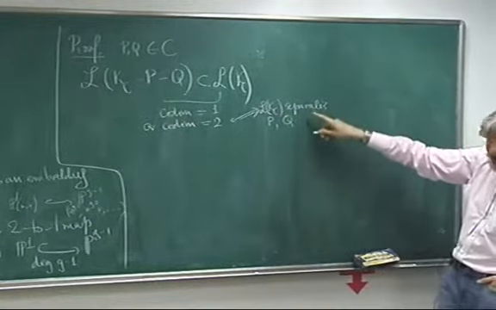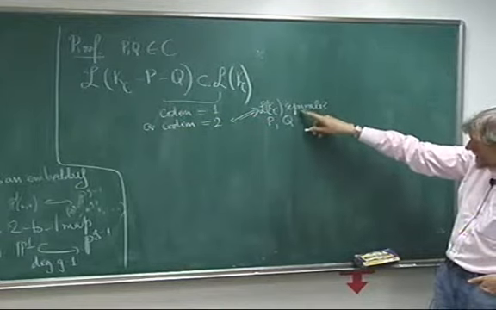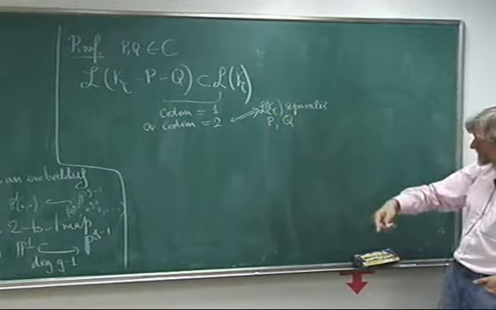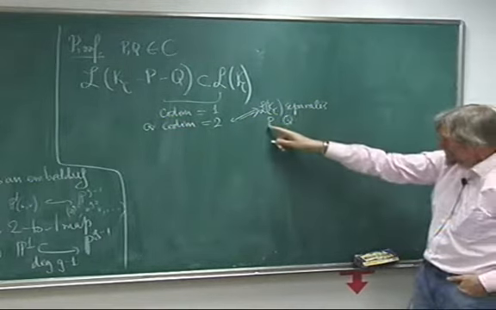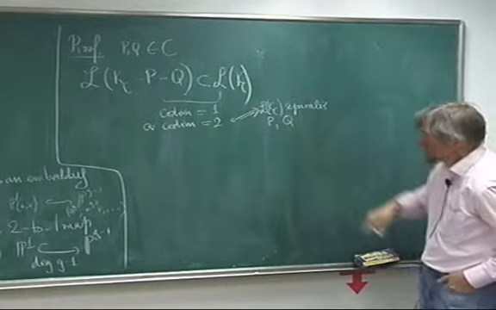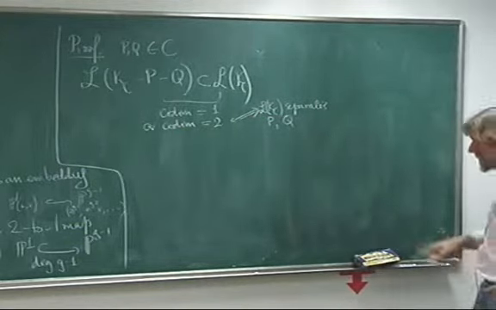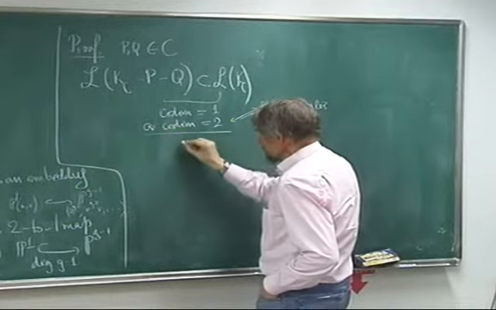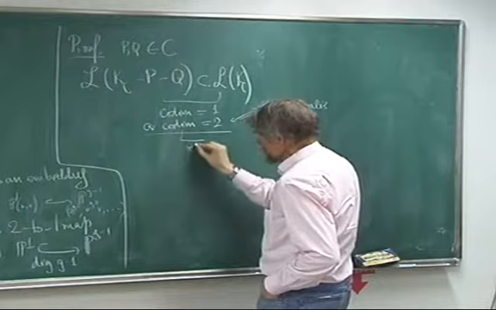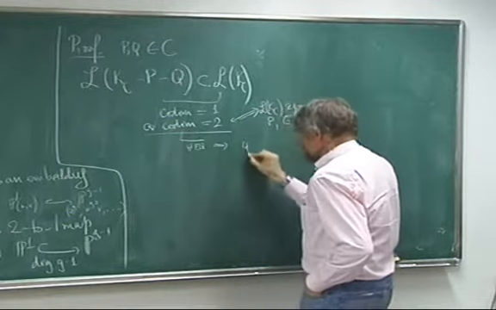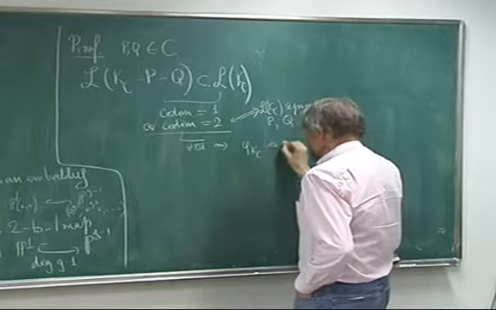So this was the condition I had earlier, that I can find elements in here that are 0 on P and non-zero on Q, and conversely 0 on Q and non-zero on P. Right? So if this happens for all P, Q, this implies that phi K_C is an embedding.